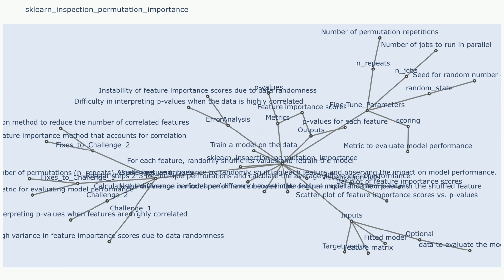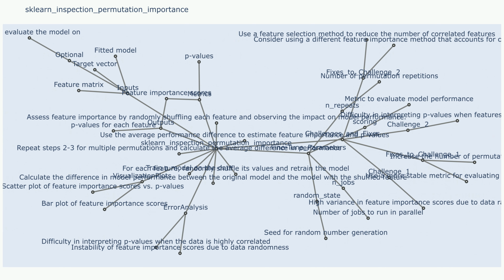Fine-tune parameters. Parameter 1. N repeats. Increasing the number of repetitions, N repeats, can provide more robust and stable importance scores, particularly for complex models or when there is high noise in the data. Parameter 2. Scoring. Selecting an appropriate scoring metric is crucial for interpreting the results correctly.